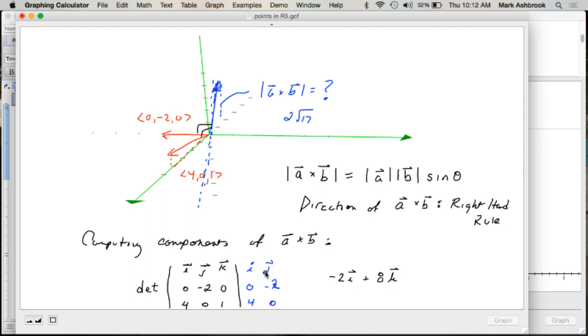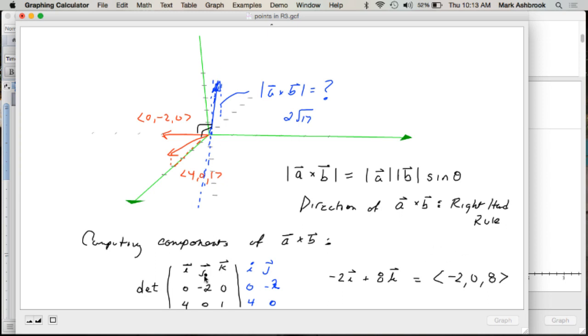Zero I, 0j. What's the vector? -2, 0, 8. Does it agree with what we came up with, that blue vector? -2, 0, 8. It looked like something like what we came up with. Yes, right? It has some kind of shallow negative x coordinate and a big z coordinate. So that matches that blue vector that we had.